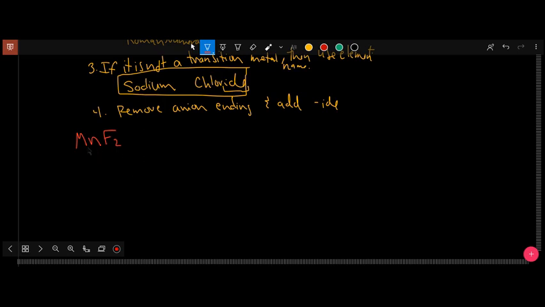So what you're going to do is you're going to realize that manganese is a transition metal. So you can start just by saying manganese. You know you need to put Roman numerals for the oxidation state because it's the transition metal.